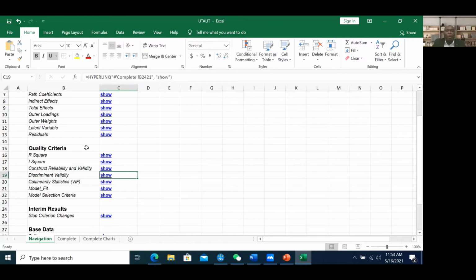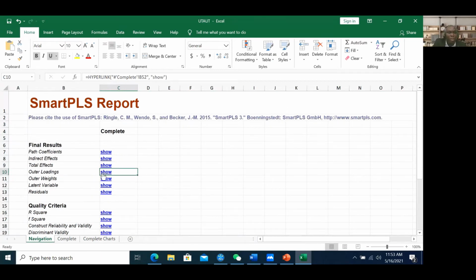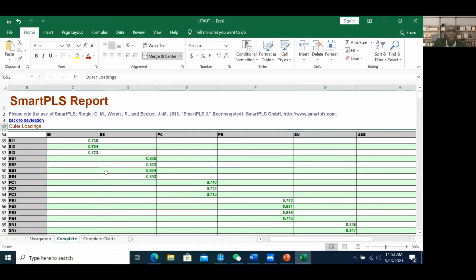Now, the next thing you're going to assess is the outer loadings, the loadings of the indicators. You click over here. When you come to the final result, you see outer loadings. You click on outer loadings. The requirement is that all outer loadings have to be above 0.7.